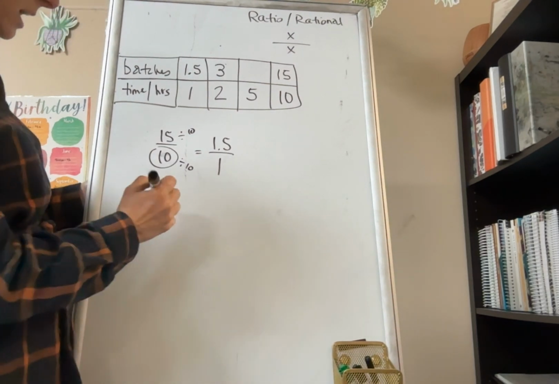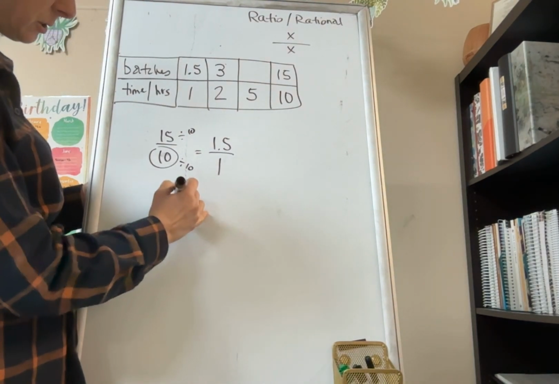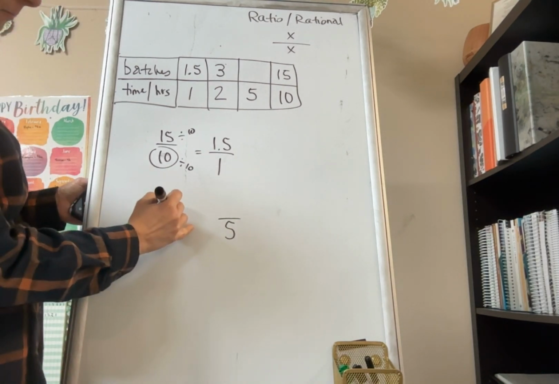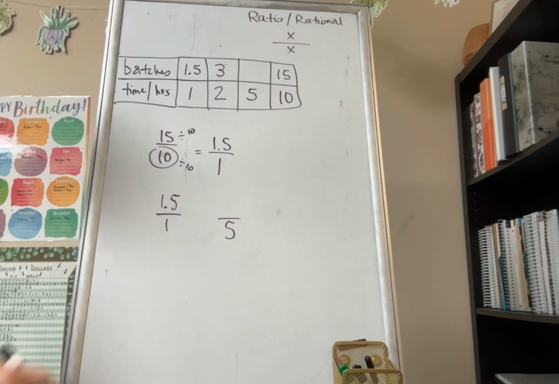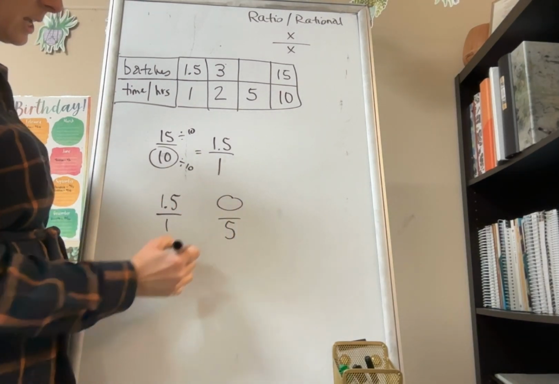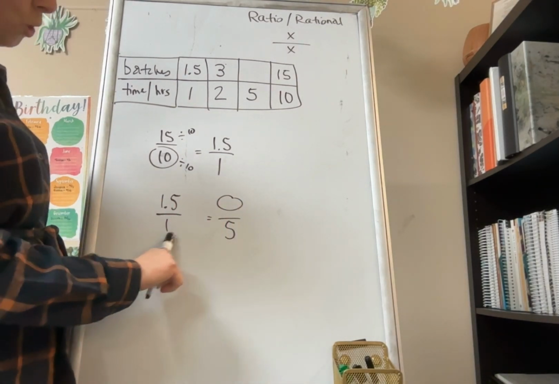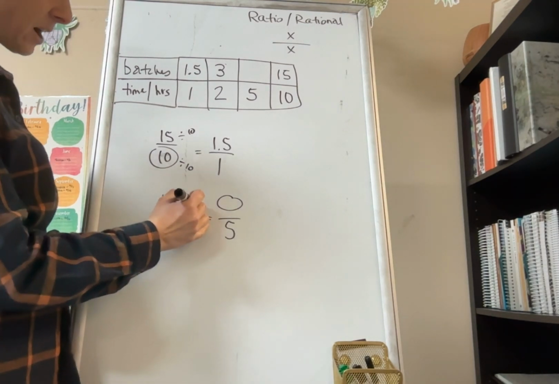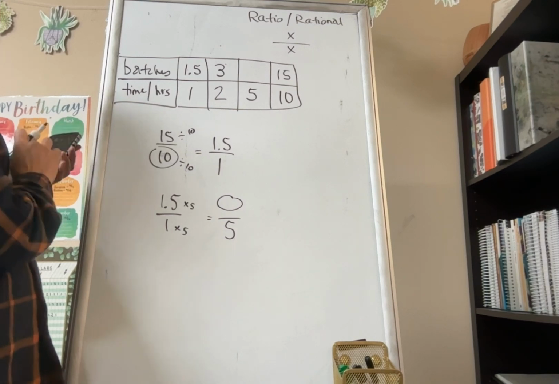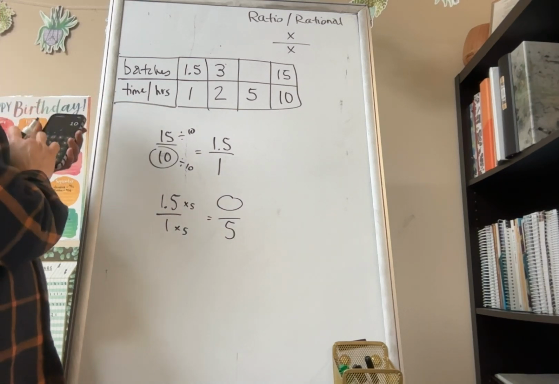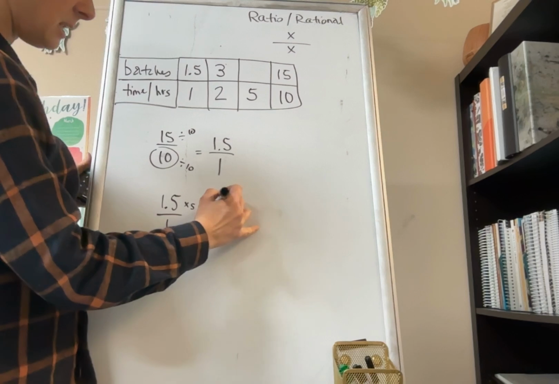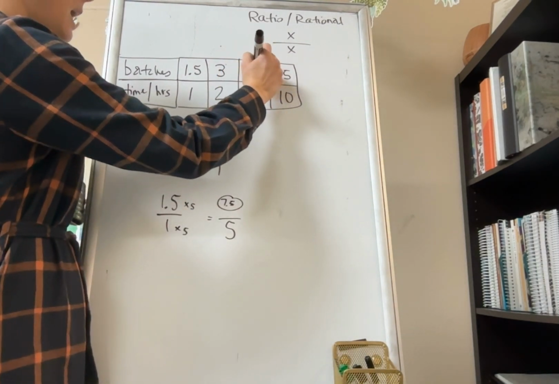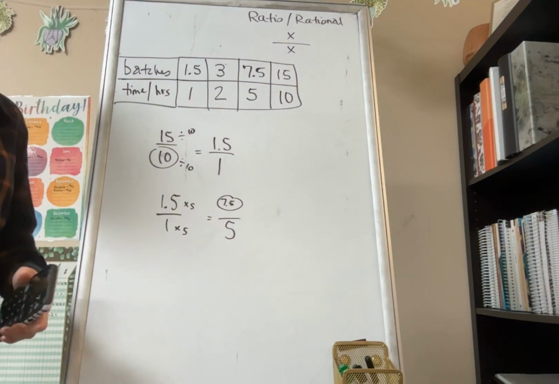Let's write our unit rate first and turn it into this fraction here. So how did I turn 1 into 5? Well, I said 1 times 5. So if I multiply by 5 on the bottom, I need to multiply by 5 on the top. And if I say 1.5 times 5, I'm going to get 7.5. So he can do 7.5 batches of cookies in 5 hours.